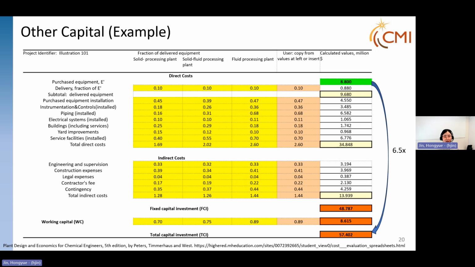So in essence, this will increase the capital investment from the initial purchase cost. This example goes from $8.8 million to $57 million, so about 6.5 times higher. And different references will use different factors, so these numbers may vary.